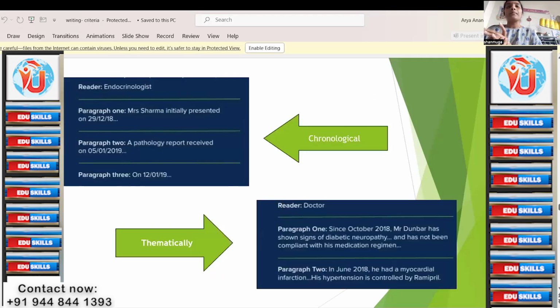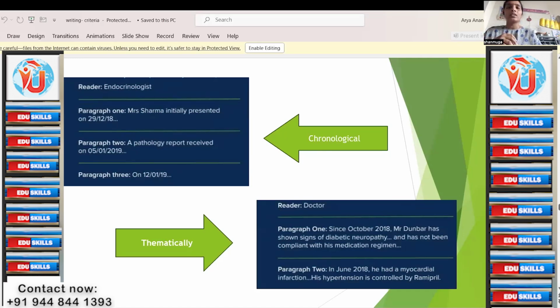In the first example, you can see the endocrinologist. As I said, the patient history has 6 visits, so you can write it from the start to the present condition. The first paragraph is, Mr. Sharma initially presented on this date, like that you can write.